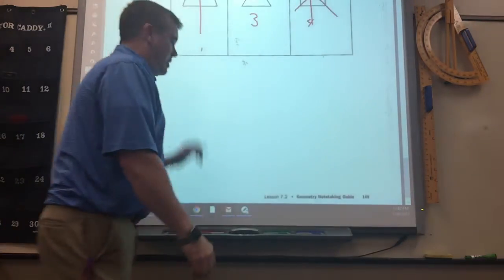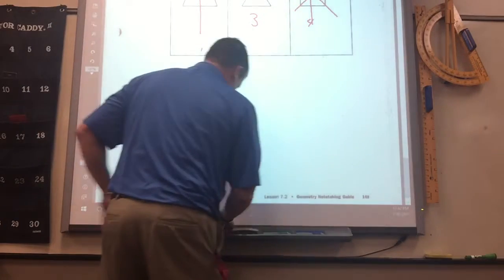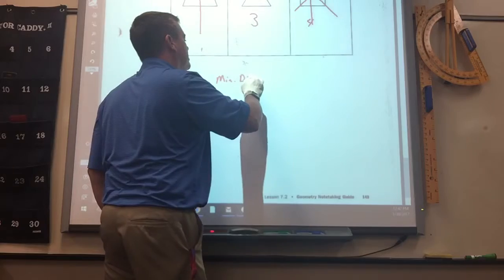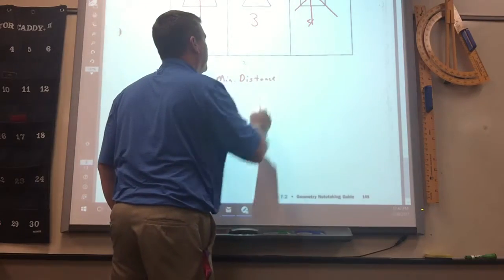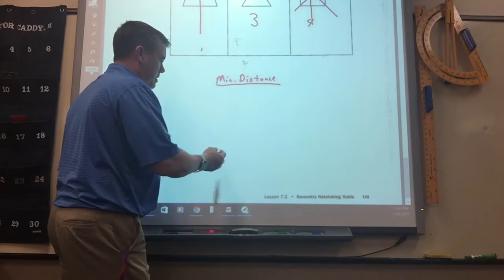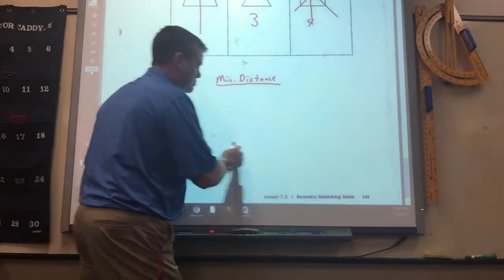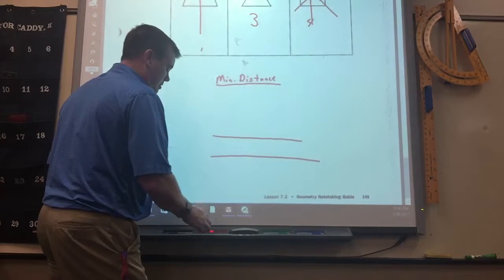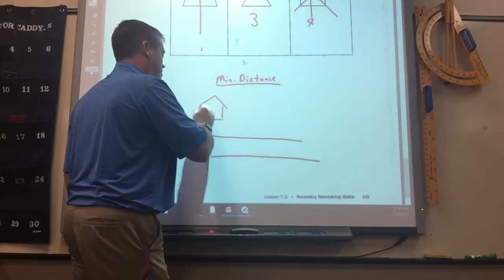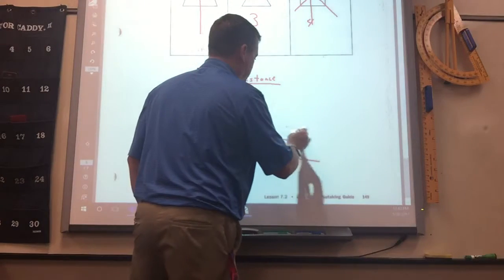Okay, now one other thing that's in their assignment that they didn't have on here, it's minimum distance. The problem I think they have in the book is they have a pizza delivery guy. So there's a street and there's a house here, and then there's a house here.